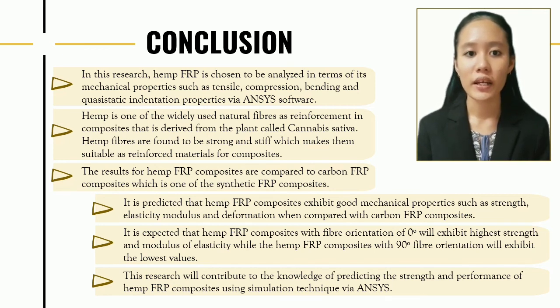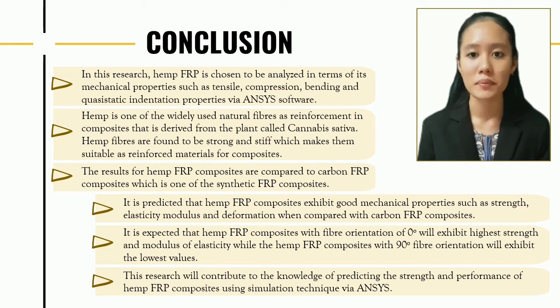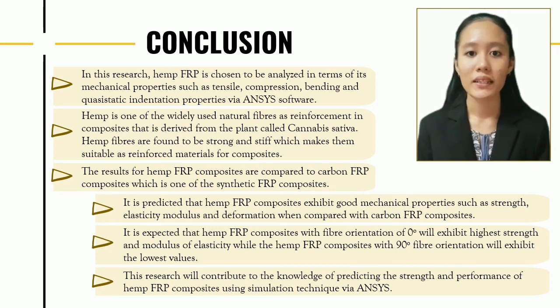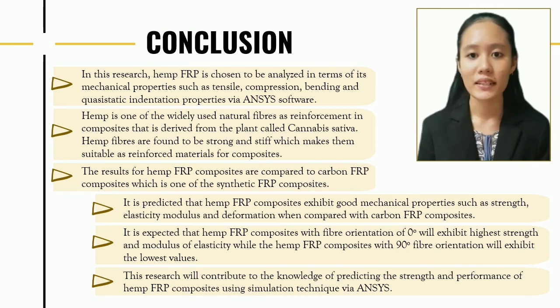The results for Hemp FRP composites are compared to carbon FRP composites, which is one of the synthetic FRP composites. It is predicted that Hemp FRP composites exhibit good mechanical properties such as strength, elasticity modulus, and deformation when compared with carbon FRP composites.